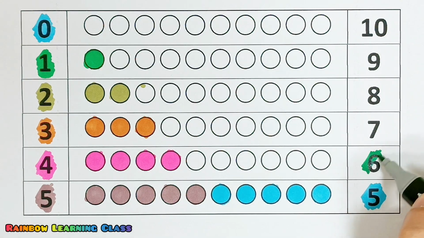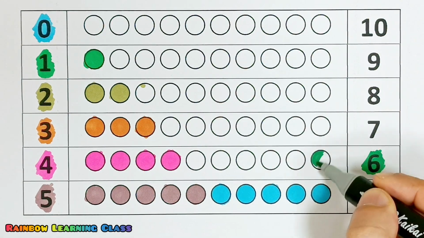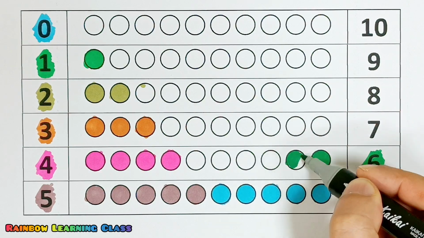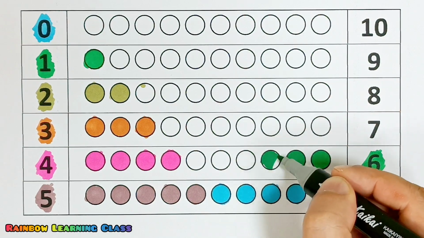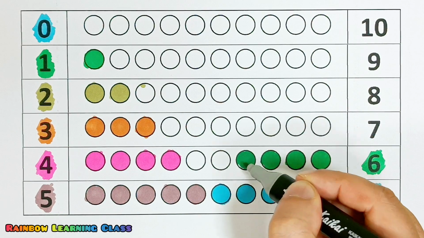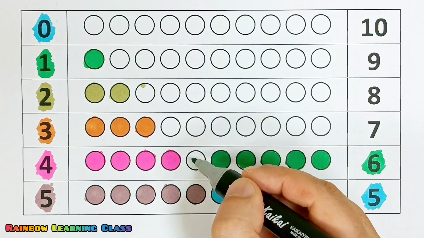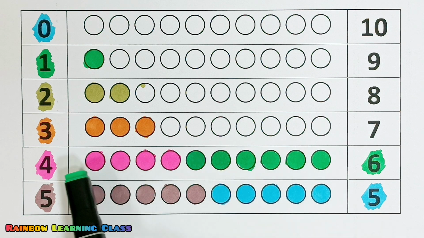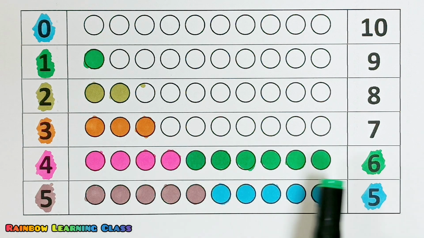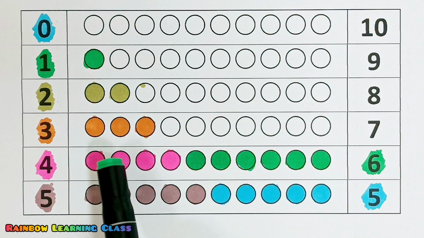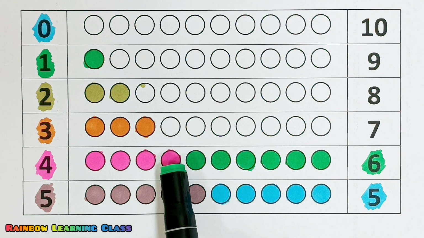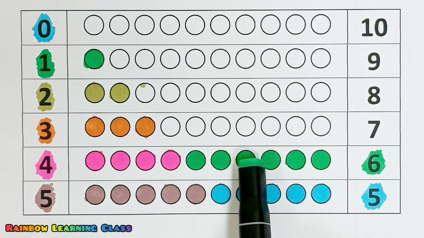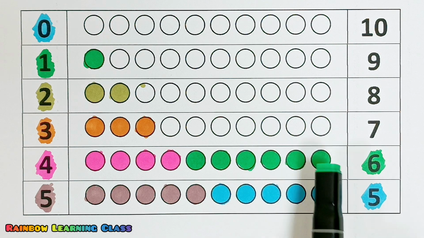Number 6. 6 ball. 4 plus 6 equals 10. 1, 2, 3, 4, 5, 6, 7, 8, 9, 10.